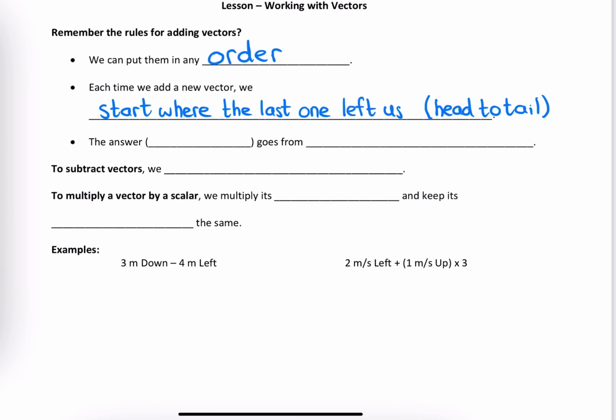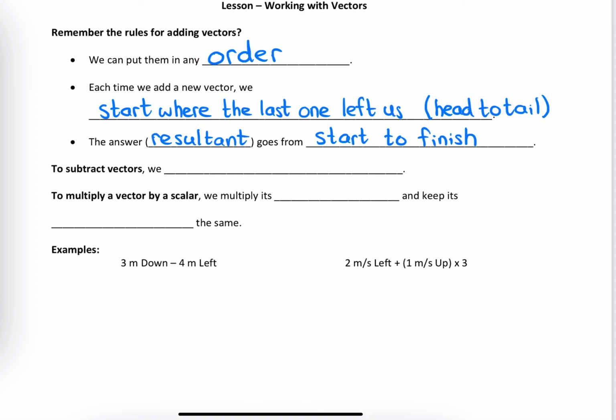And after I've added my vectors together, the answer I get, which we call the resultant, goes from start to finish, from the very beginning of my very first vector to the very end of my very last vector. Okay, so that's how to add vectors.